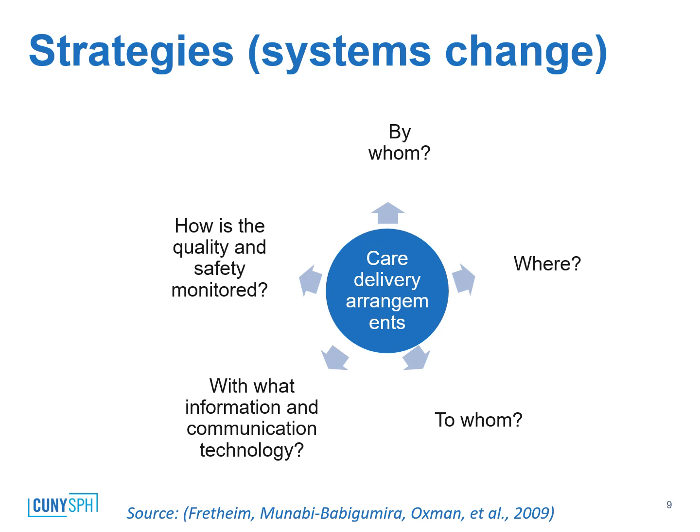When implementation requires changes at the system level, we move beyond individuals and organizations to examine how care is delivered. Systems change involves rethinking fundamental questions. Who delivers care? Where do services take place? Which populations are targeted? What technologies support communication and information exchange?